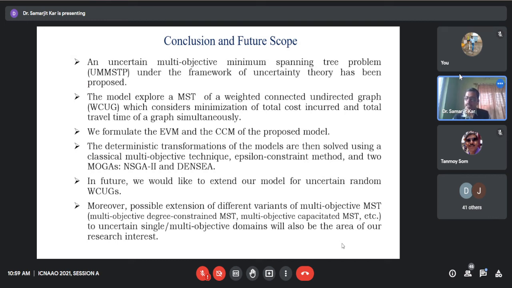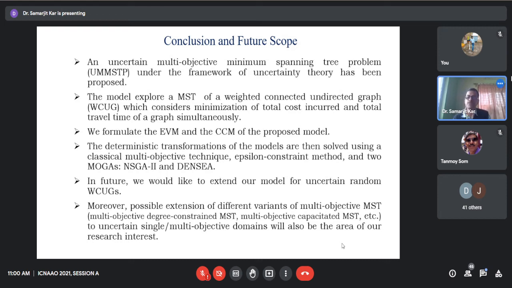And one thing is very important, this type of multi-objective nature of the proposed problem is characterized as an NP hard problem. So getting the solution of such a multi-objective minimal spanning tree problem is really difficult by using the classical approach, because already there are so many labeling algorithms available for such network problems, but it is very difficult to solve by that type of labeling algorithm or other classical methods.